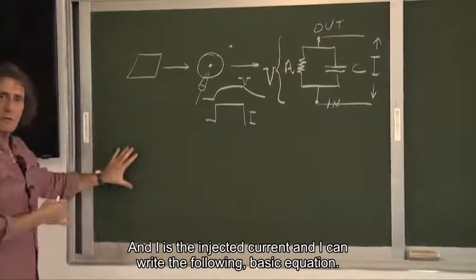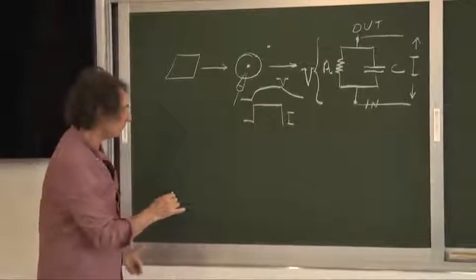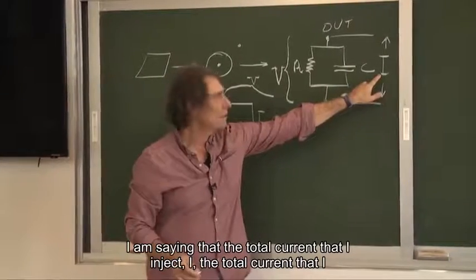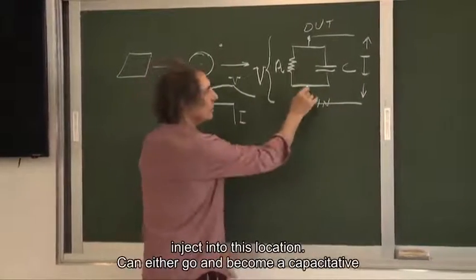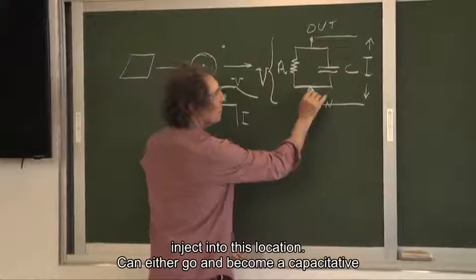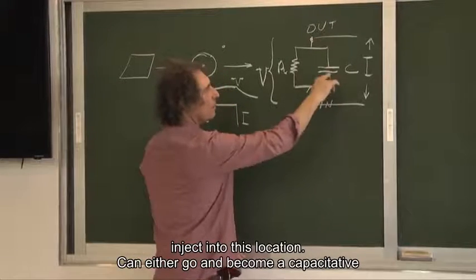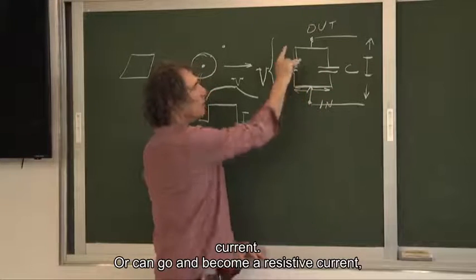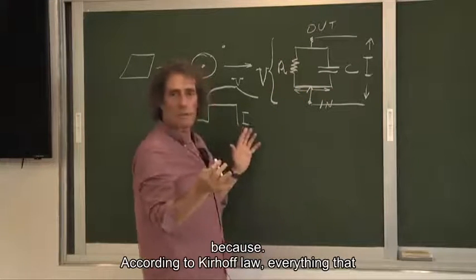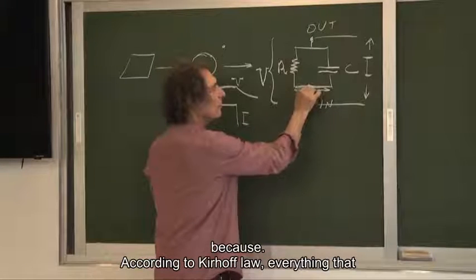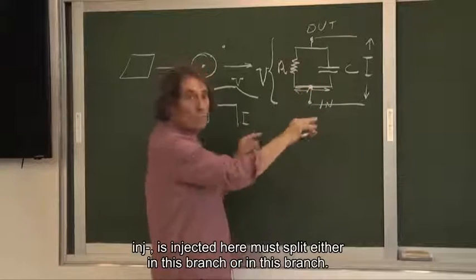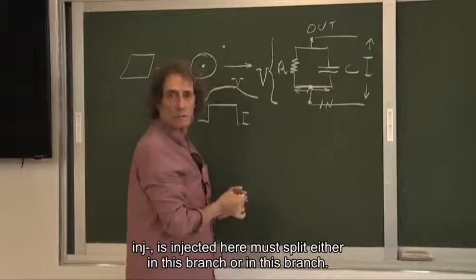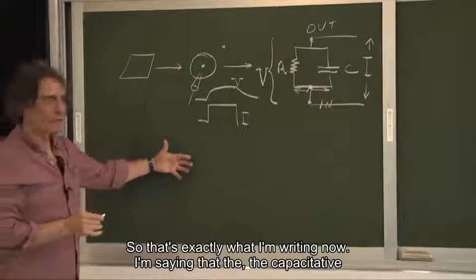I can write the following basic equation. The total current that I inject into this location can either become a capacitive current or a resistive current, because according to Kirchhoff's law, everything that is injected here must split either into this branch or into this branch. So that's exactly what I'm writing now.